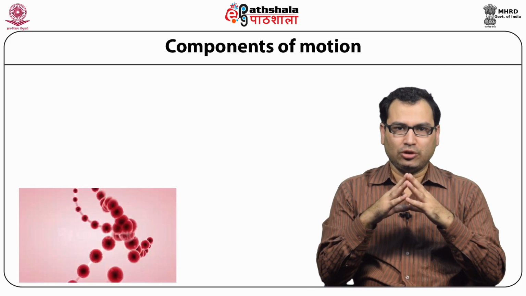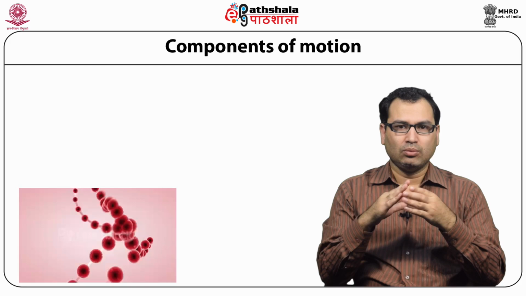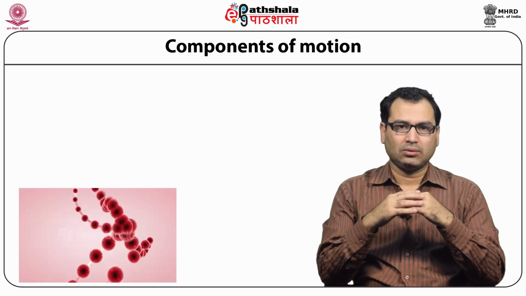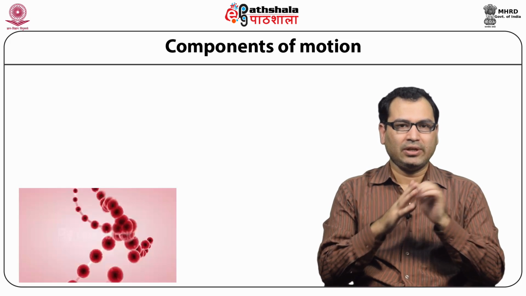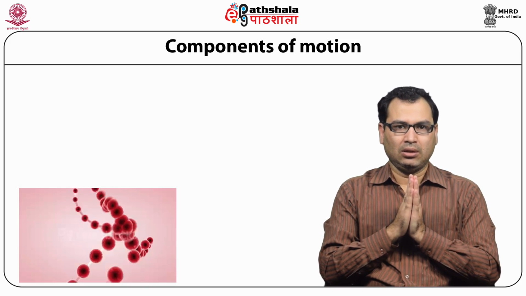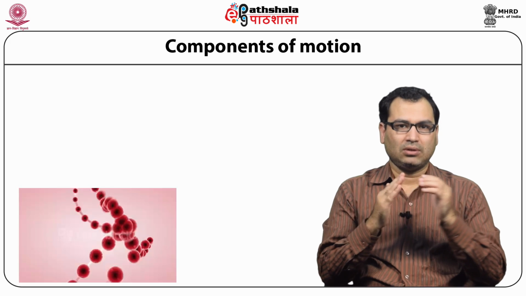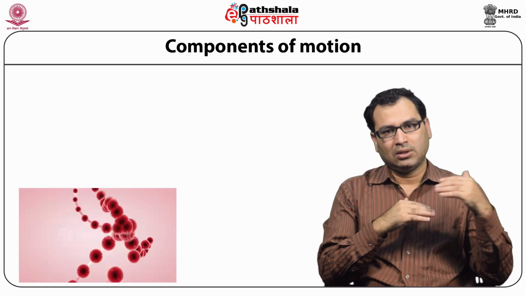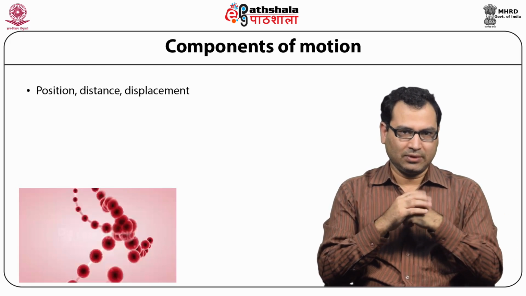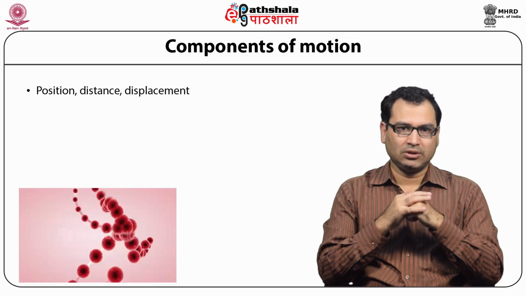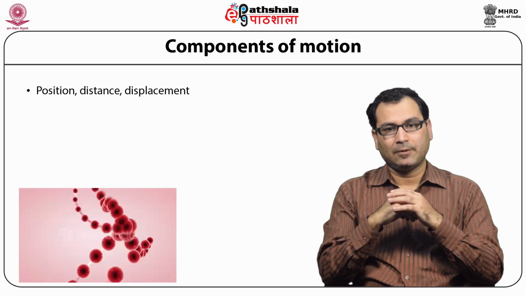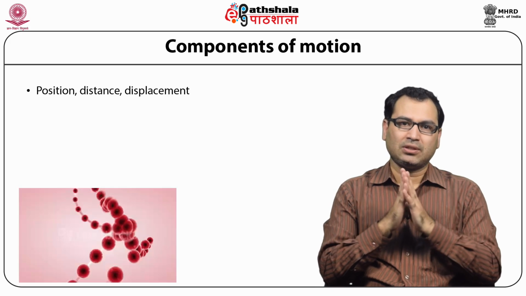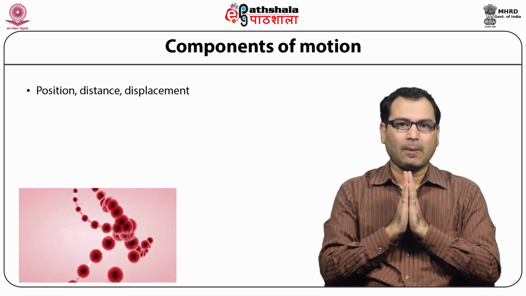Now, components of motion. When you define a motion, you talk about the motion in terms of various physical quantities. What are those physical quantities? It can be position of an object or of a body which is in motion. It can be distance, it can be displacement with reference to a fixed point in space.